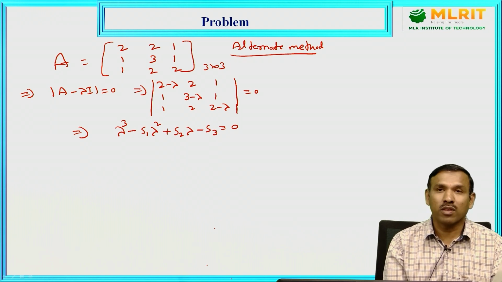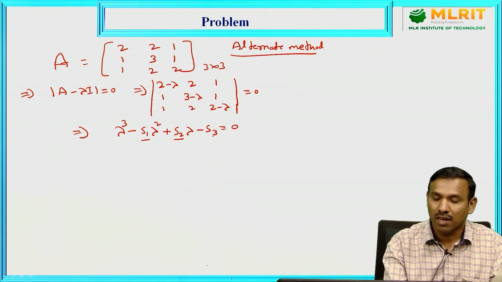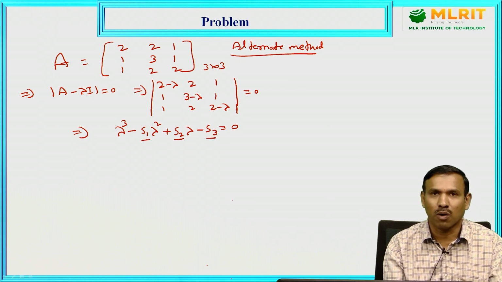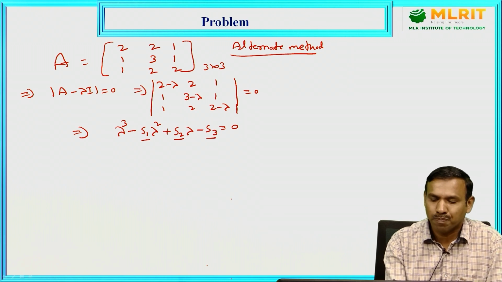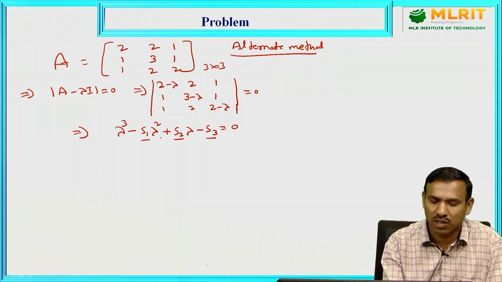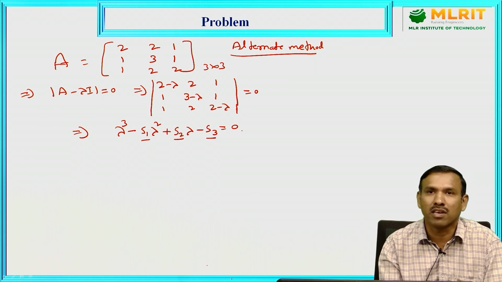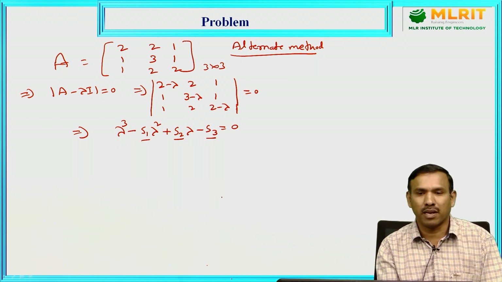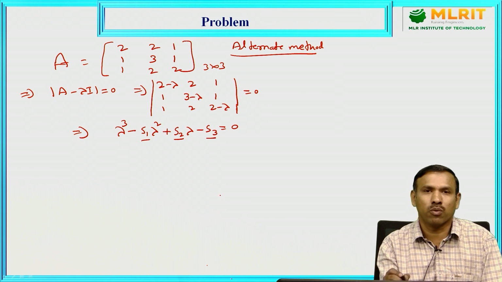Here we have 3 unknowns. What are the 3 unknowns? S1, S2, S3. These 3 should be determined. We will discuss what S1, S2, S3 are now. Students have to remember this equation: lambda cube minus S1 lambda square plus S2 lambda minus S3 is equal to 0. This is a shortcut method I am telling, for students who find it difficult to expand the determinant.